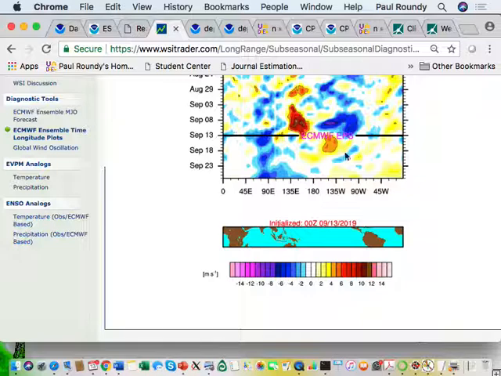Now the question is, does the base state pick up and maintain those westerly anomalies for longer after this MJO event goes by, and then allow the system to move toward a more canonical kind of El Nino structure over time? Or does the signal coming around the world continue to just achieve fluctuations on top of that signal? So the question is, what dominates, subseasonal or low frequency?